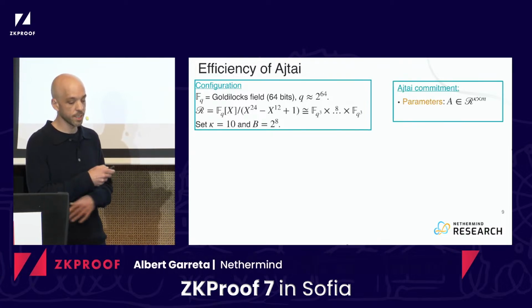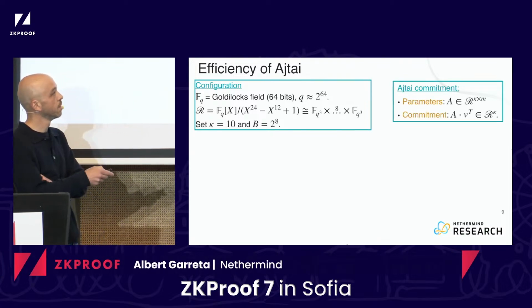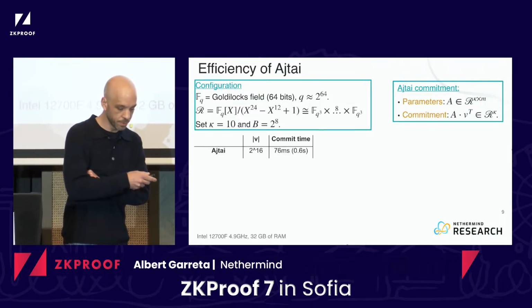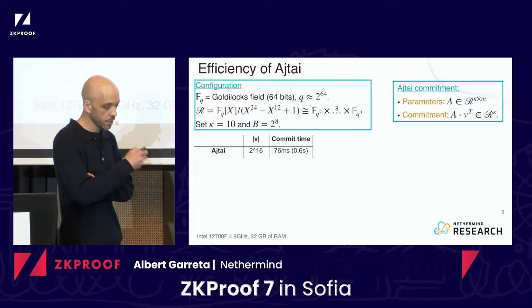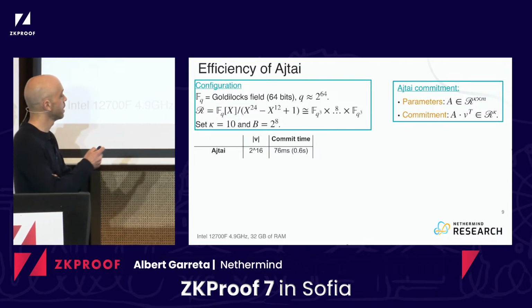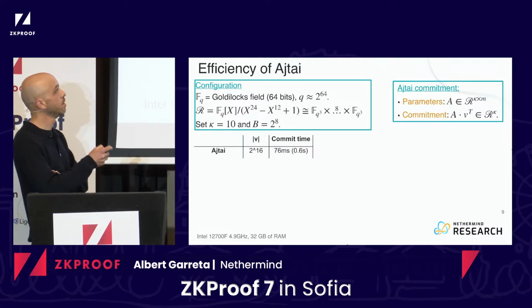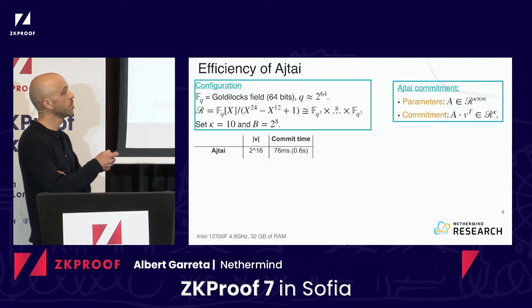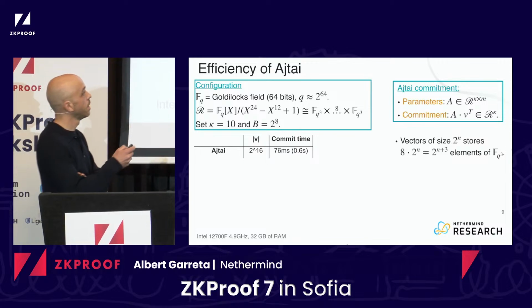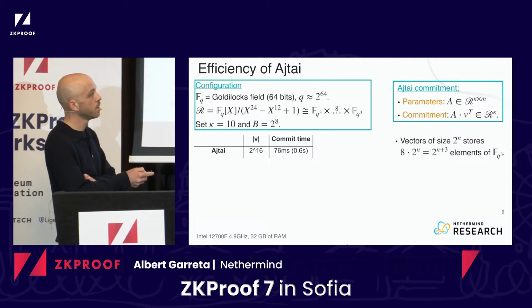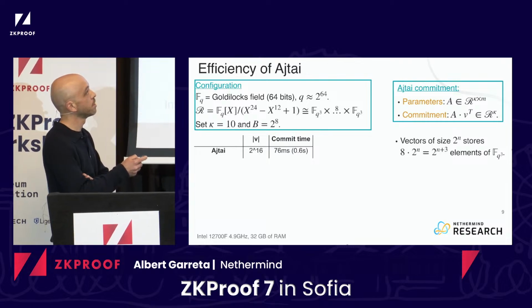So recall the Ajtai commitment scheme. There's a matrix. The commitment is just multiplication of the matrix by the vector. In our implementation, committing to a vector of size 2 to the 16 costs 76 milliseconds. And recall that a ring element in this configuration stores 8 field elements.